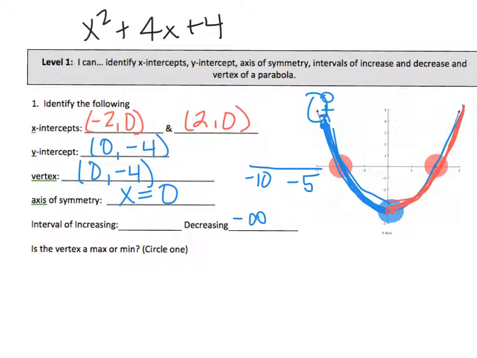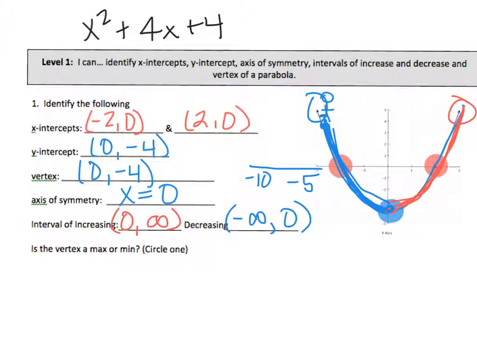So we start from -infinity, and where it stops decreasing is right at that vertex, at that point of x equals 0. And it's going to be parentheses always on both of them. And then intervals of increasing are going to be from 0 to +infinity, okay? Because of that arrow, and still parentheses.